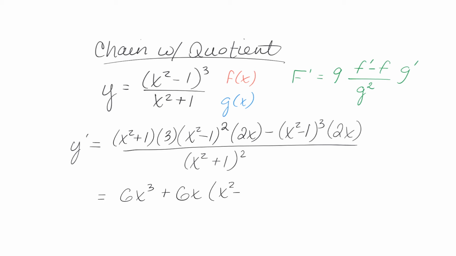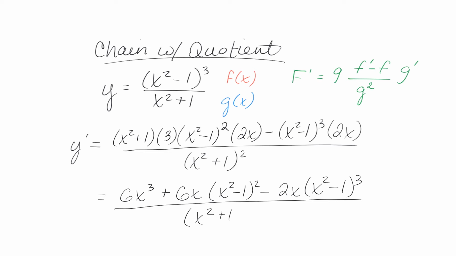And then my x squared minus 1 squared is still there. Over here, I'm just going to move this 2x to the front. I cannot multiply it in because of the cubed. And in the bottom, I've got x squared plus 1 squared.